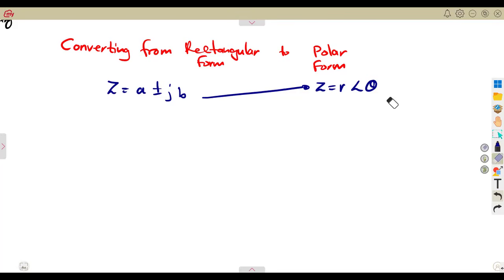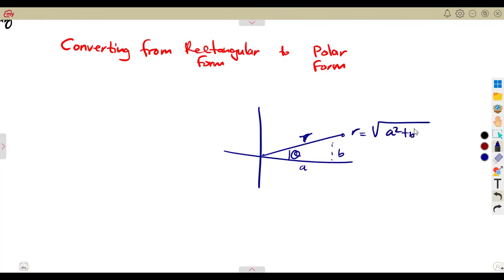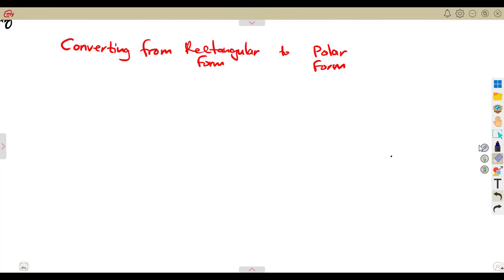We are supposed to apply our mathematical calculation, but because of the issue of time, you are no longer going to use those conversions that you had in your mathematics, where this is your A and this is your B, then R is the square root of A squared plus B squared, and theta is taken from arctan, opposite over adjacent, which is B over A. This time, you are going to convert all this using the calculator.